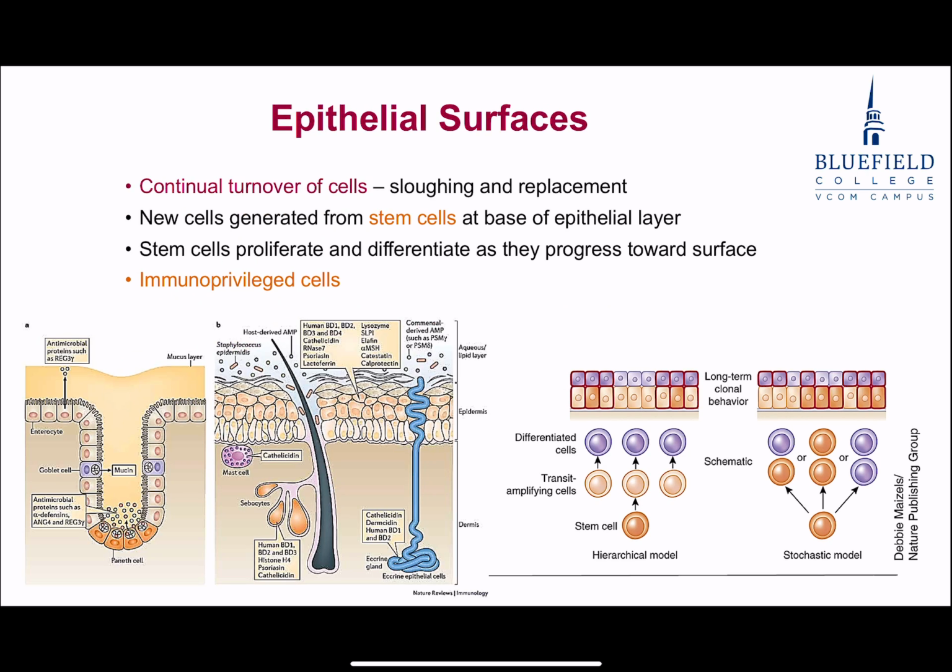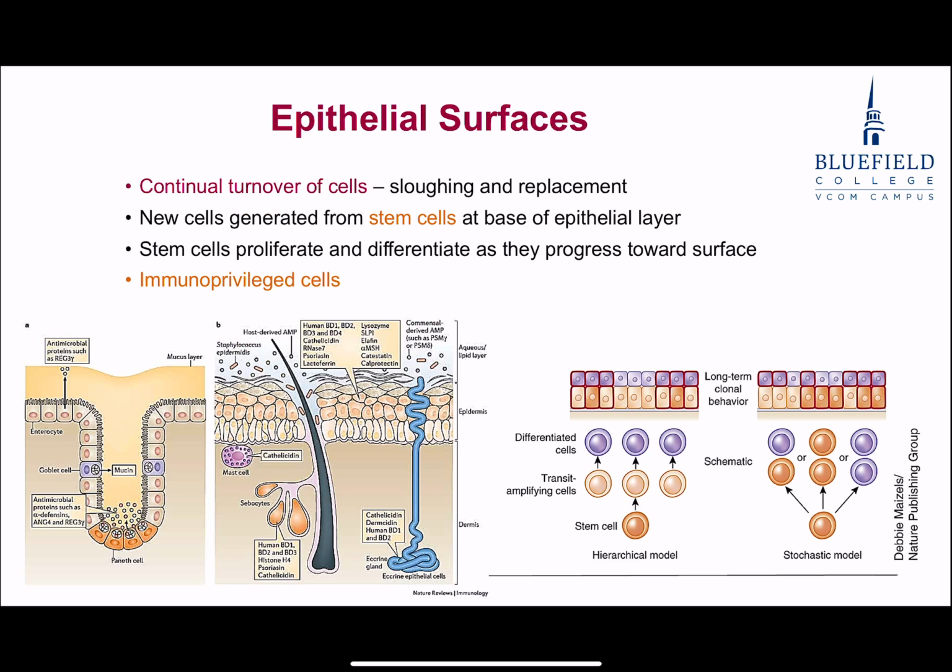And then those cells have to be replaced to generate that good protective barrier, and so there you have the stem cells, that one basal cell layer of the cells that then get the signals to differentiate and then repopulate, replace those shed cells.